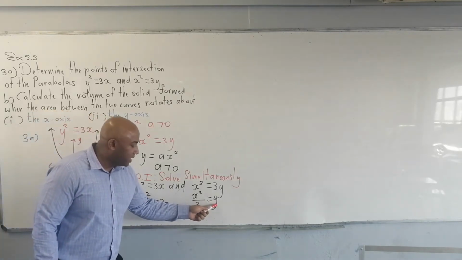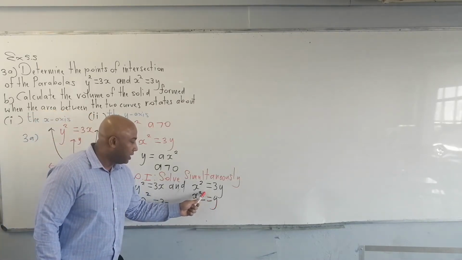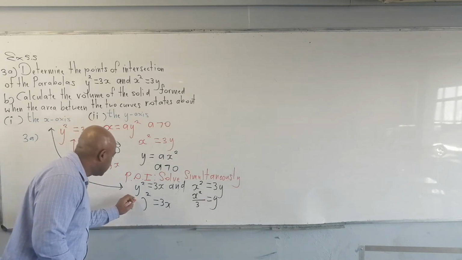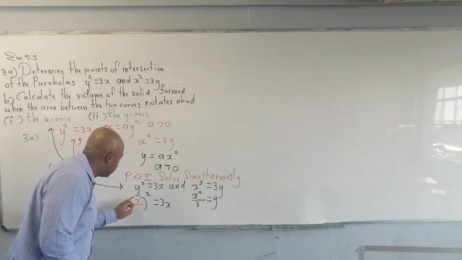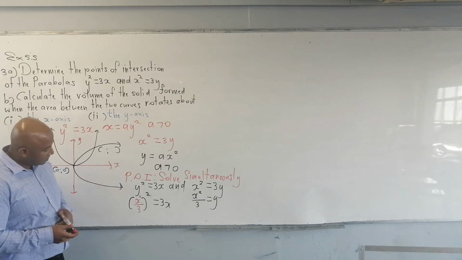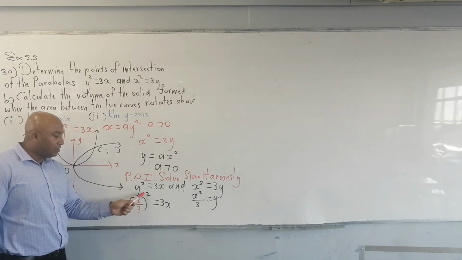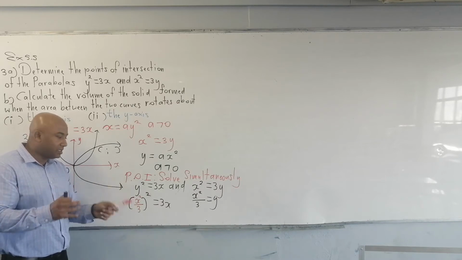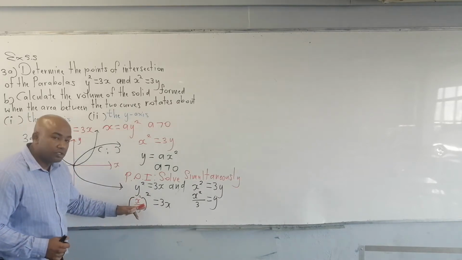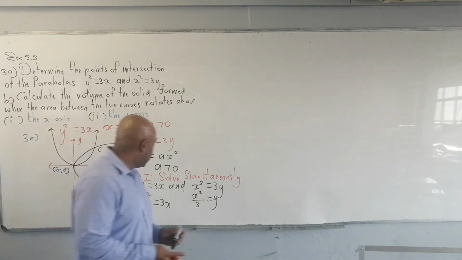But what is y now? Y is x squared over 3. So I'm replacing y with x squared over 3. Now, this is within brackets, it's all squared, so we need to square the numerator and square the denominator.